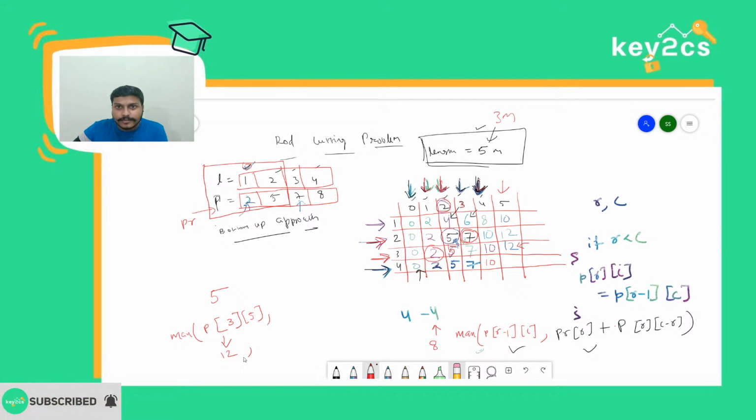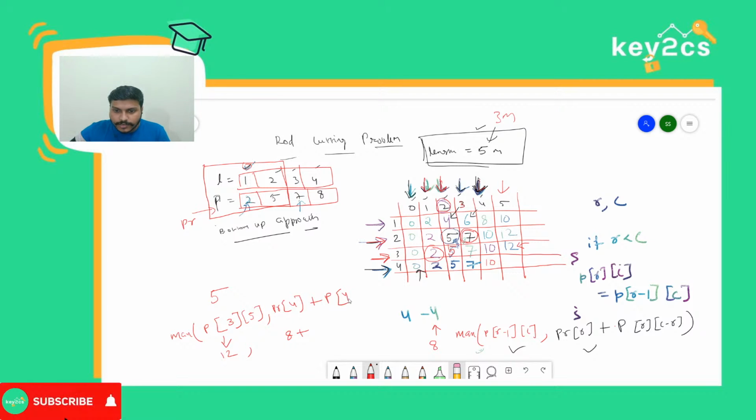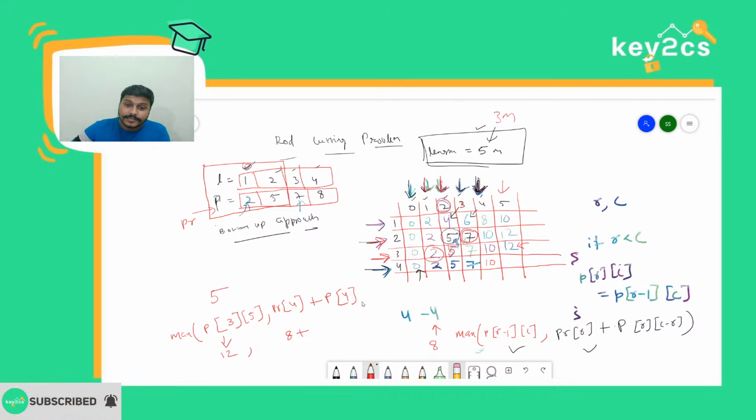And the current profit, which we would make now, is nothing but P of R, R is 4, fine, plus... P of 4 is 8, 8 plus P of R, which is 4, and the remaining, C minus R. What is C?